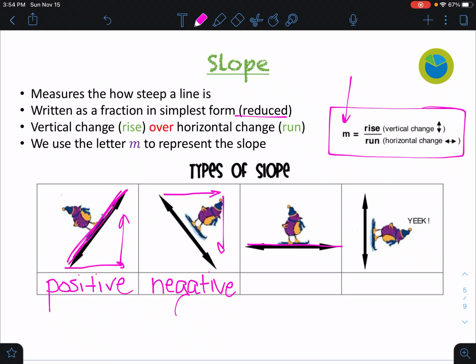It's flat, so the slope here is 0. Think of walking on flat ground: how steep is that hill? There are no hills. It has a steepness of 0. And then this is very, very steep. So steep, actually, we call this undefined. We'll talk about why that is in a bit. But the thing you really want to know: M equals rise divided by run.